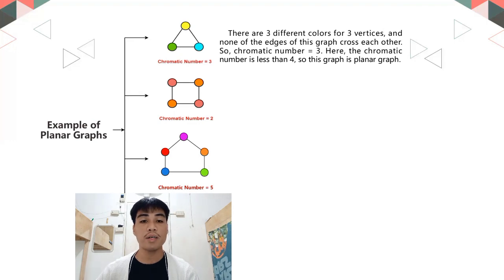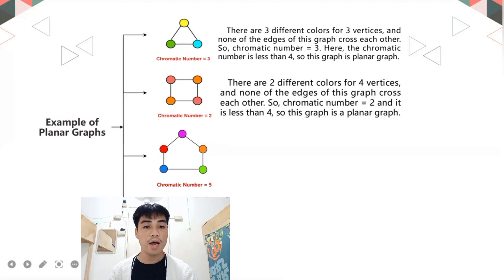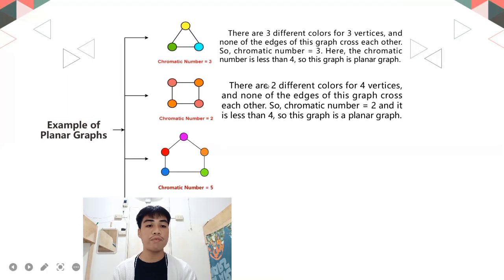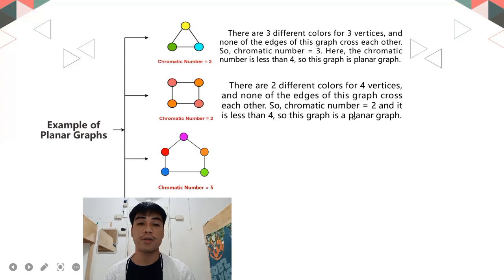Here, the chromatic number is less than 4, so this graph is a planar graph. Another example, there are two different colors for 4 vertices, and none of the edges of this graph cross each other. So the chromatic number is equal to 2, and it is less than 4. So this graph is a planar graph.